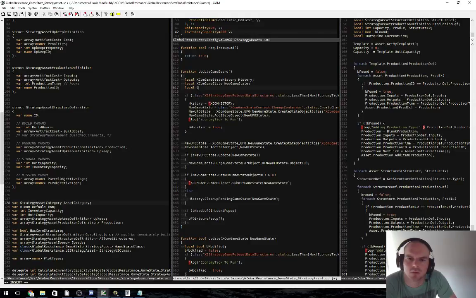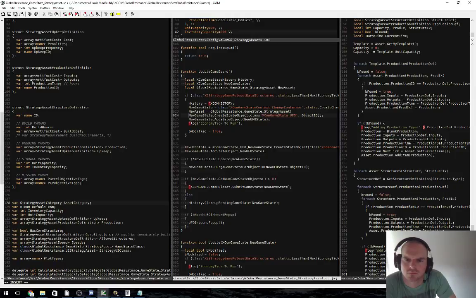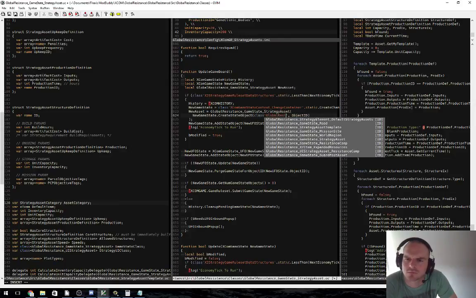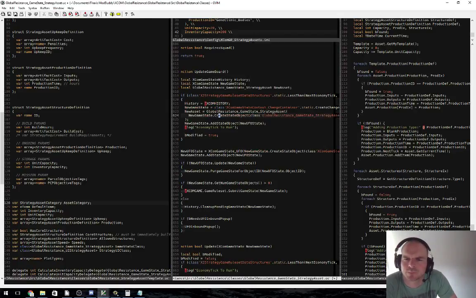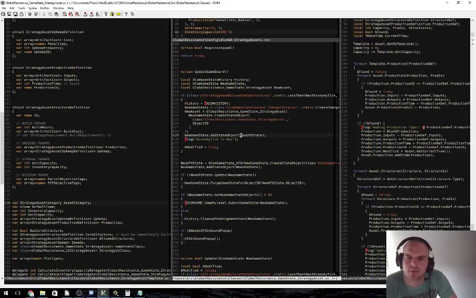Local assets. So global resistance game state asset, strategy asset. Asset. New asset.